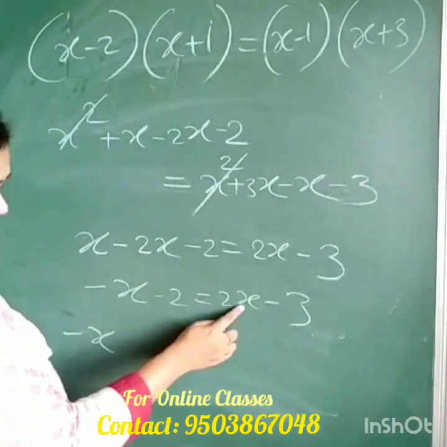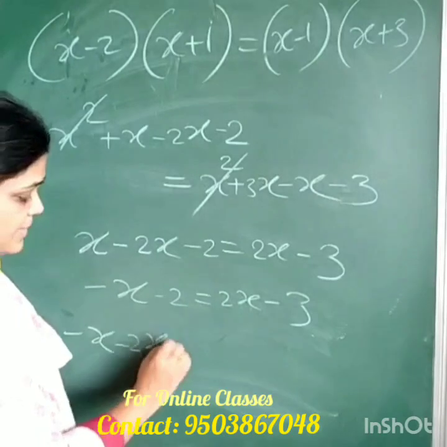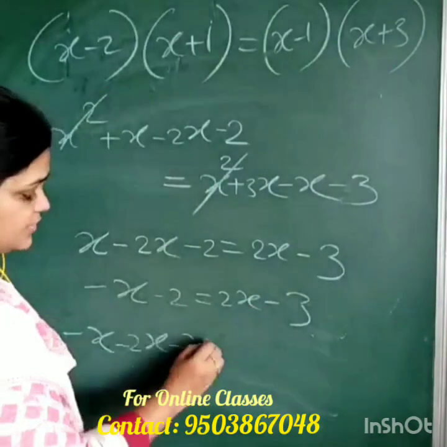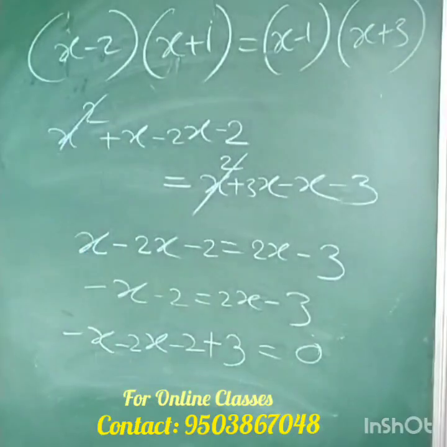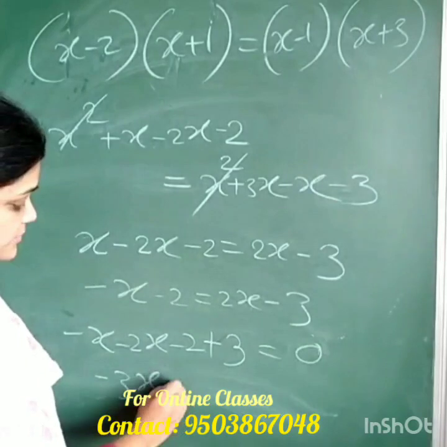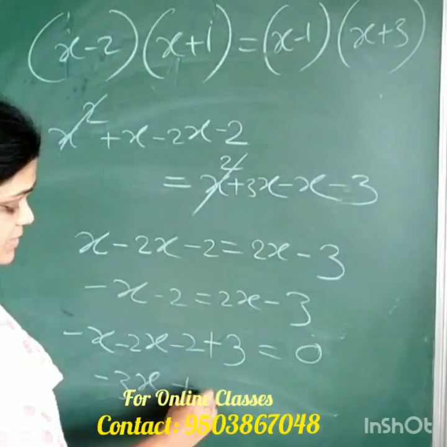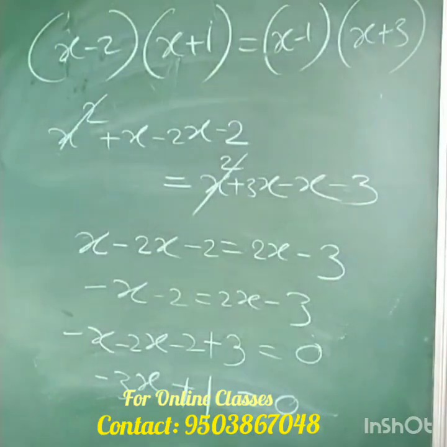Minus x, this you will shift on that side. So −2x − 2 as it is, −3 को shift करेंगे, it will become plus 3 equal to 0. और भी solve करना है. −x − 2x is −3x. And this is −2 + 3 is 1, equal to 0. Is this a quadratic equation?